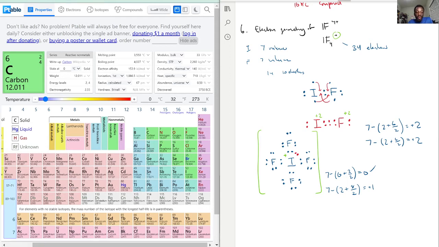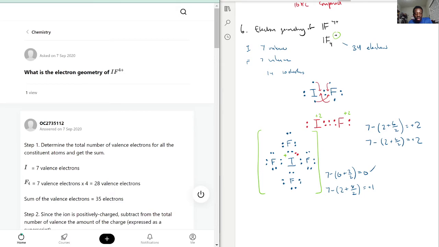So with that being said, as you go back to the question, it's asking for the electron geometry. Because we're able to do both of these now, we're going to quickly solve the electron geometry of both. Now I can say right now that technically speaking, yes, this would just be linear because it's just 2 things attached to each other. So the electron geometry for this will technically just be linear.